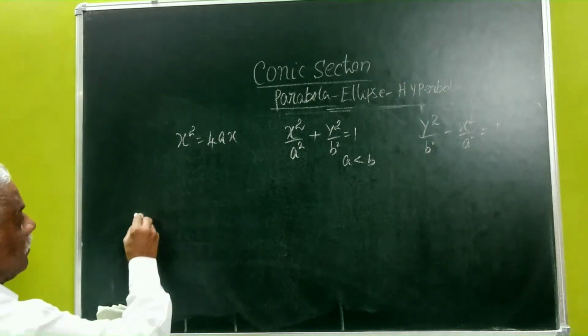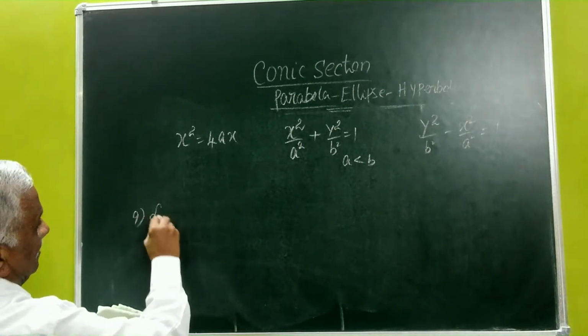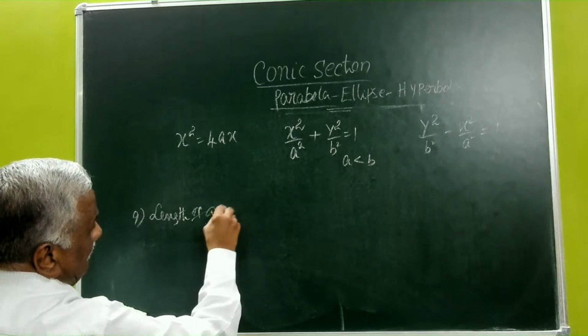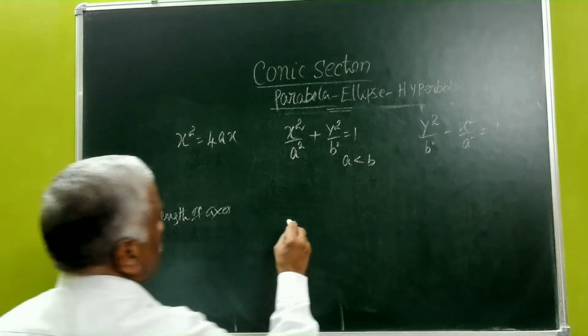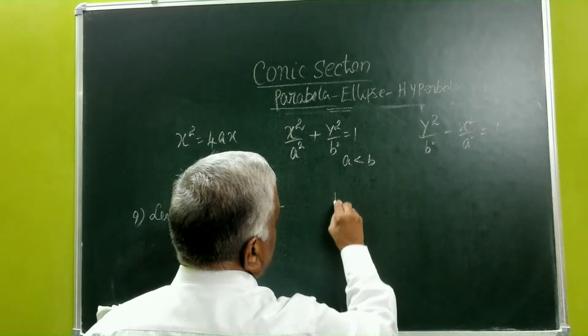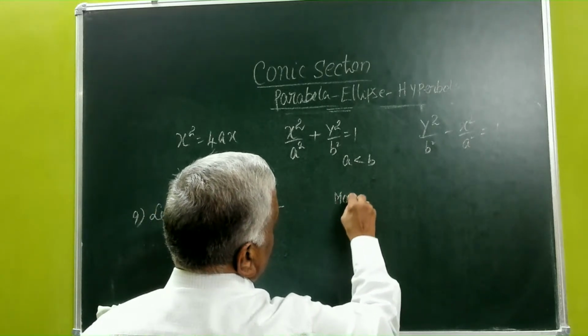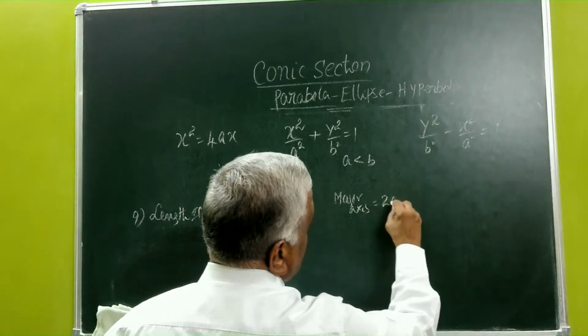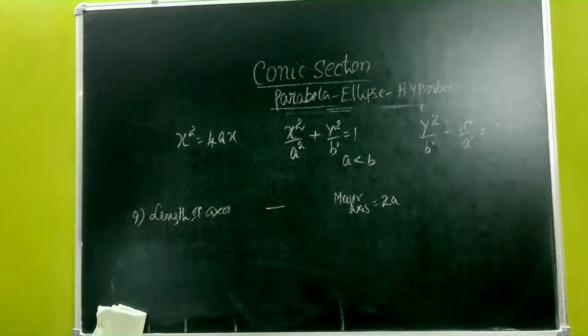Please add one more component to that. Length of axis. Length of axis not applicable for parabola. For ellipse, major axis equals 2a.